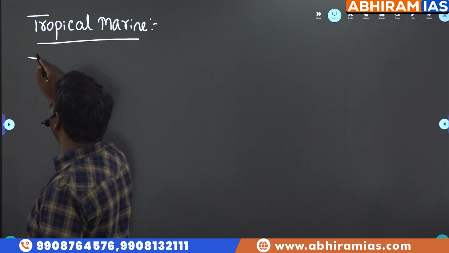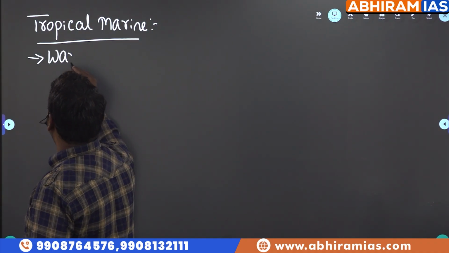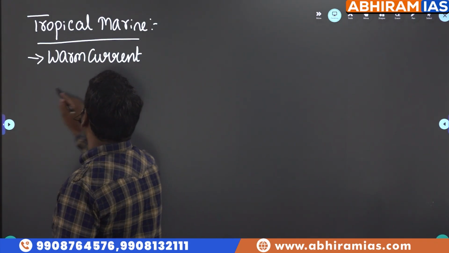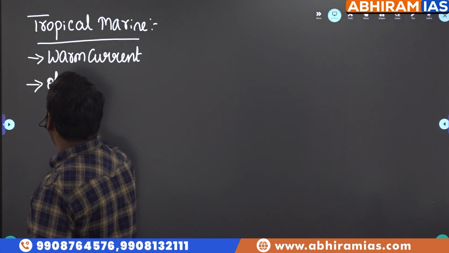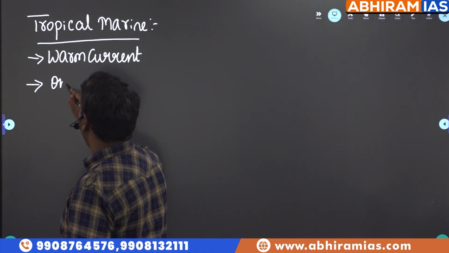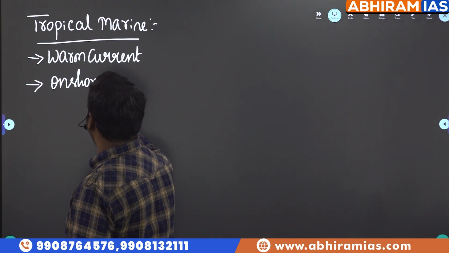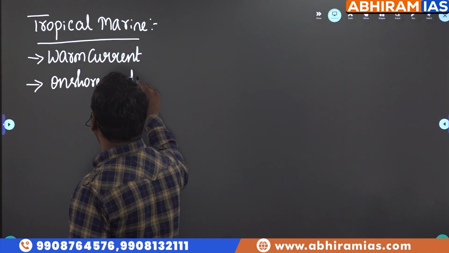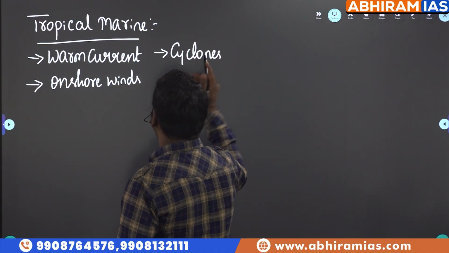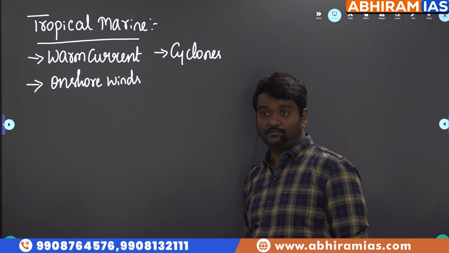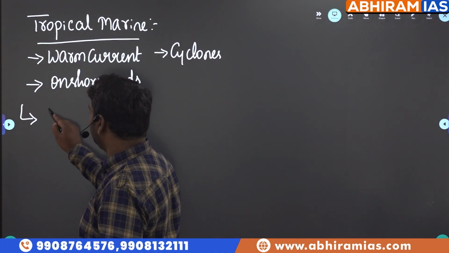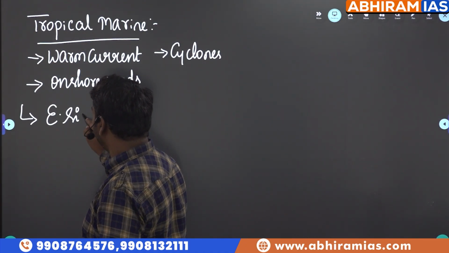What are the two conditions you are seeing here? One is the warm current. Another reason is onshore winds, not offshore. Very good. Third, as warm currents are there, this is a region of cyclones also. They get rainfall. Which side of the continents are we talking about? Eastern side.